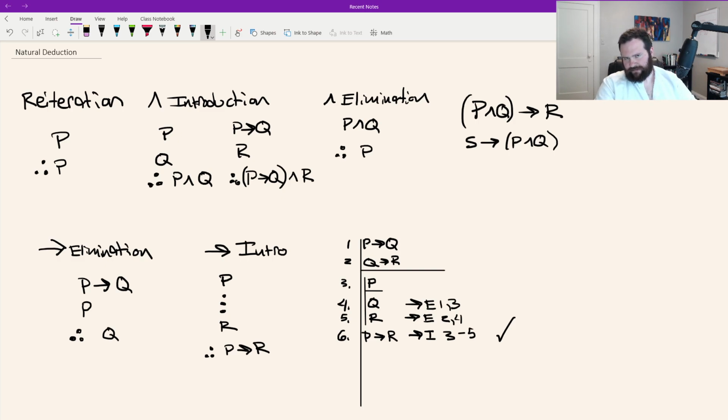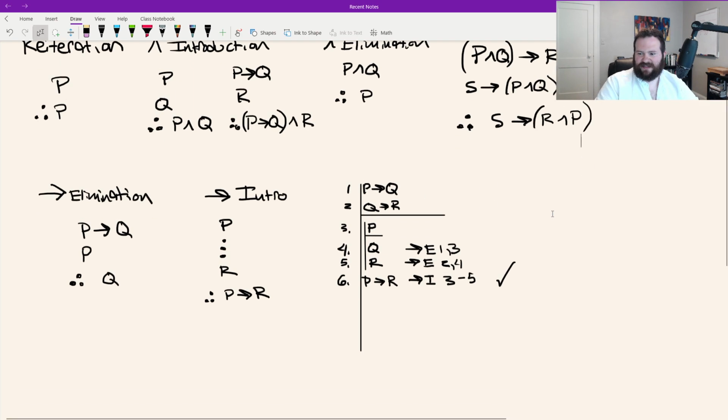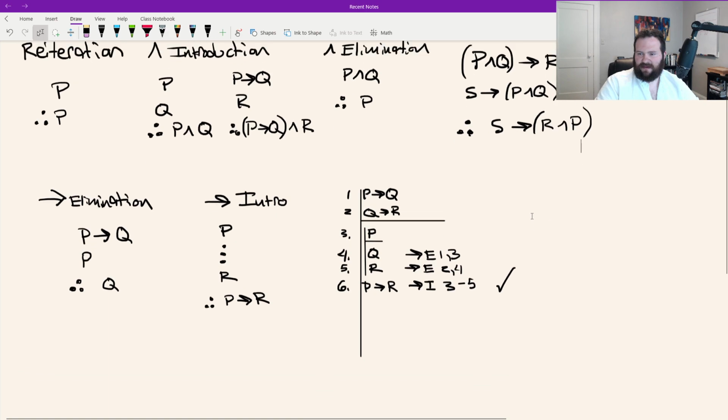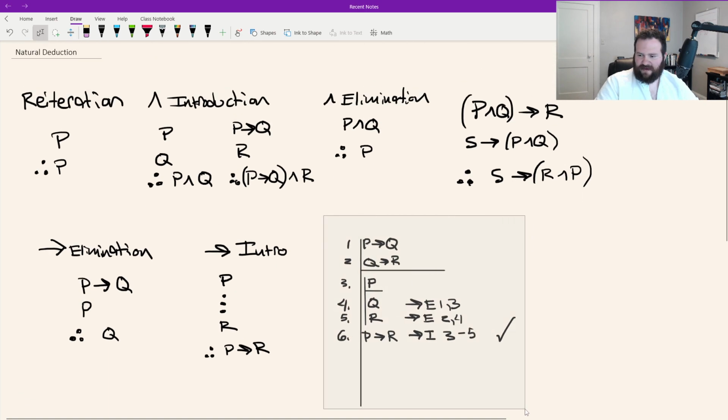Further, we want to prove, rather, that if S, then R and P. Okay? We want to prove that this is the case. There we go. How are we going to do that?